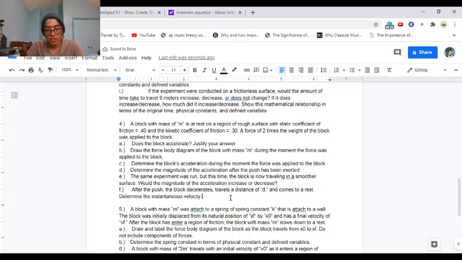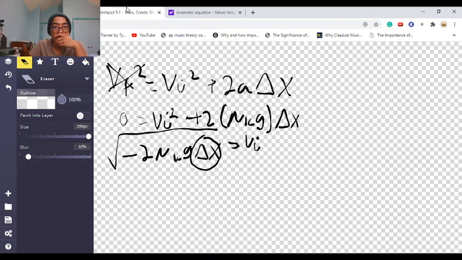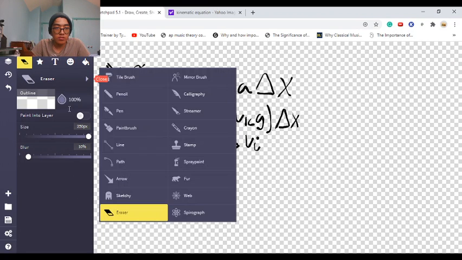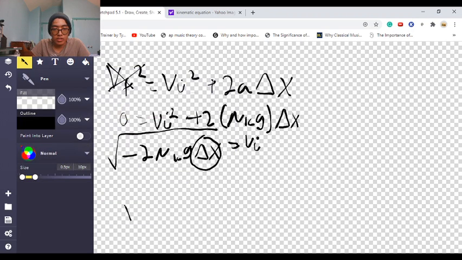There you go. So now we can actually start. In this case, we are not concerned with this negative, right? Because this negative 2 will be solved by multiplying negative 9.8 here.